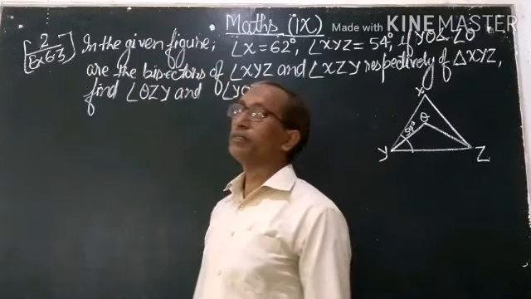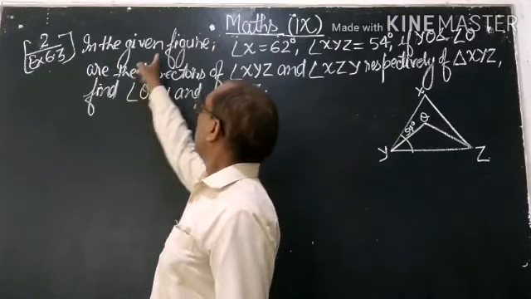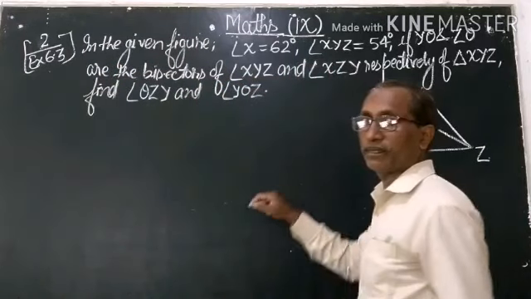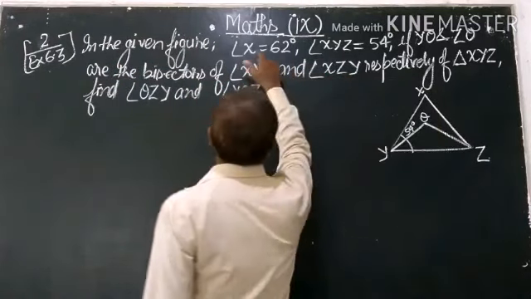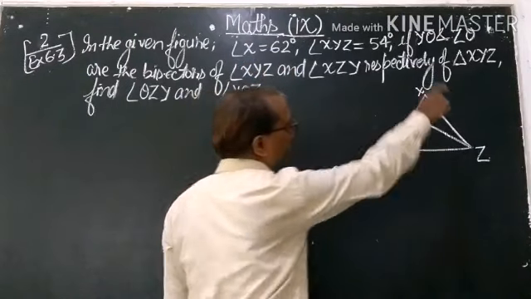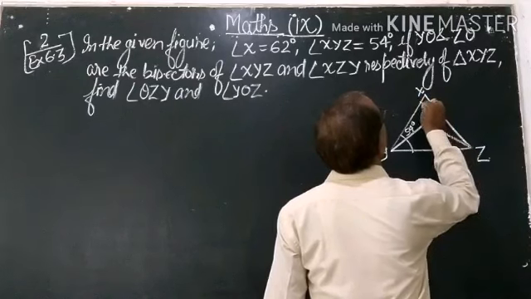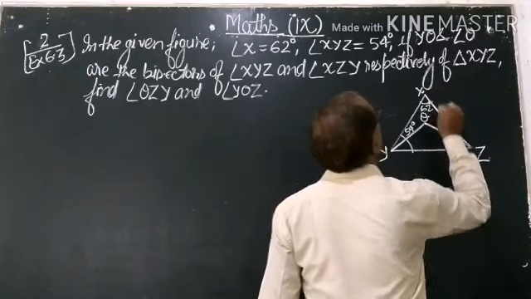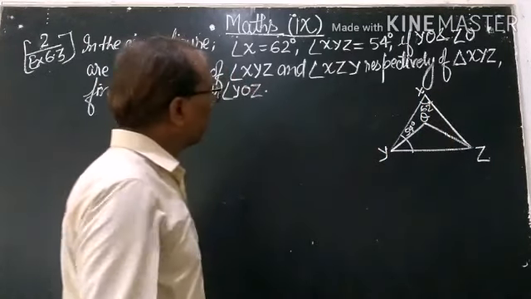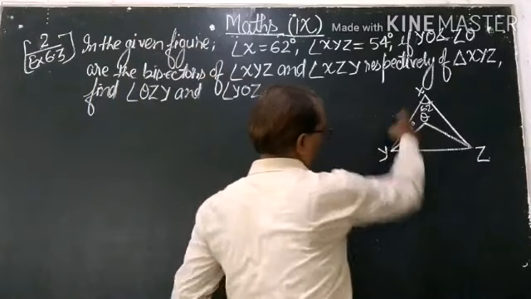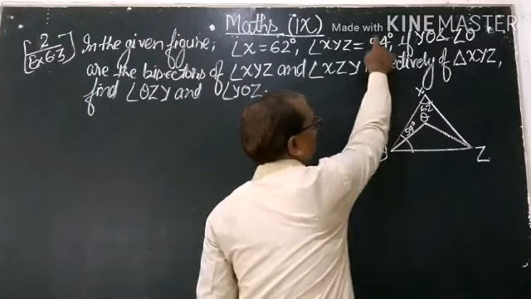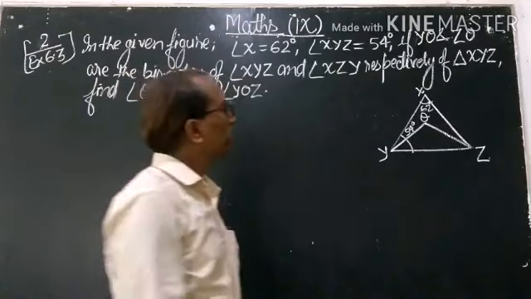Question number 2. In the given figure, angle X is equal to 62 degrees. Angle XYZ is equal to 54 degrees.